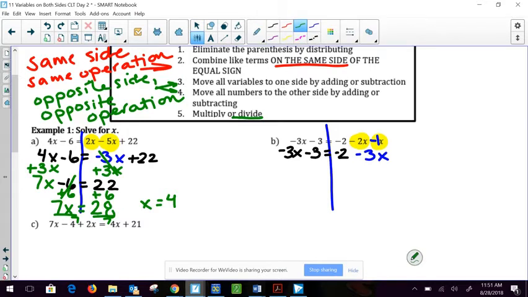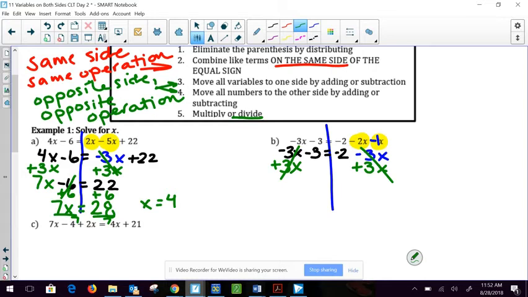I now see that I have variables on both sides of the equation. So I'm going to start by adding 3x to the right side. And I'm going to add 3x to the left side. Okay, wait a second. A negative 3x and a positive 3x cancel out. On the left-hand side, a negative 3x and a positive 3x cancel out again.